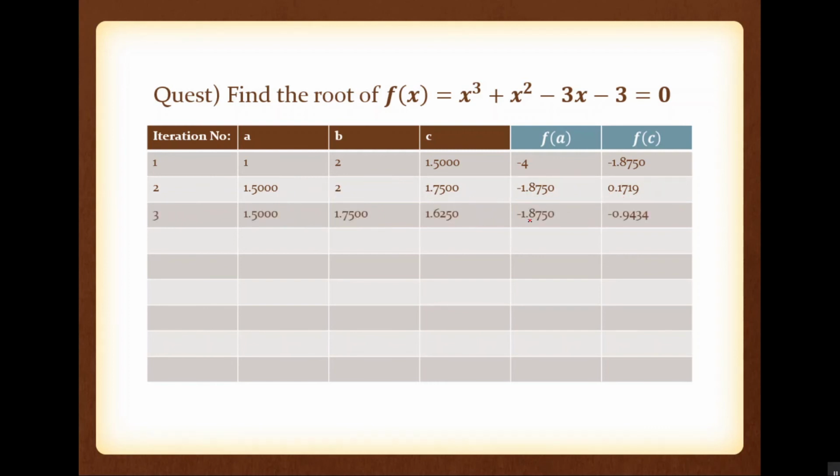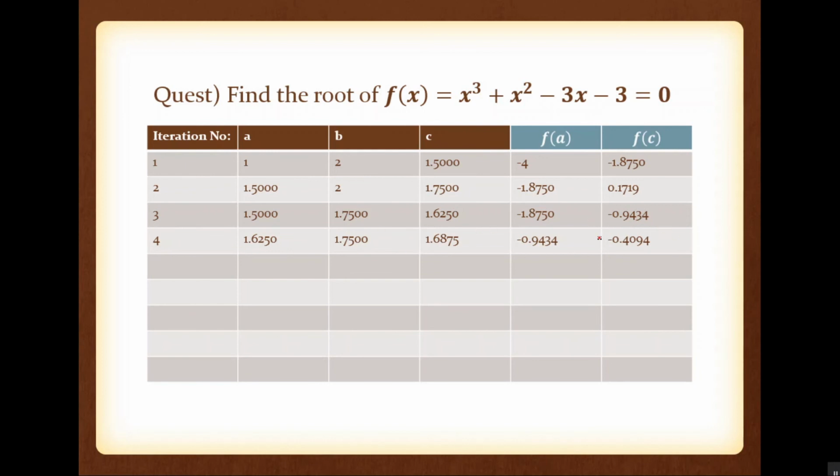The new f of c is minus 0.9434. This is negative, and f of a is also negative, so the product of f of a into f of c is positive. That means we have to replace a. So it will give this iteration. Don't copy it, you have to do that.